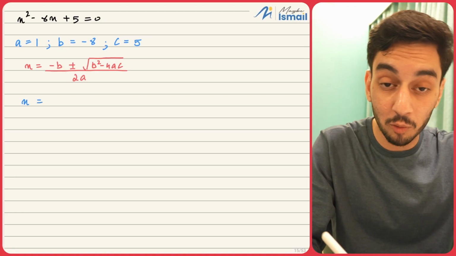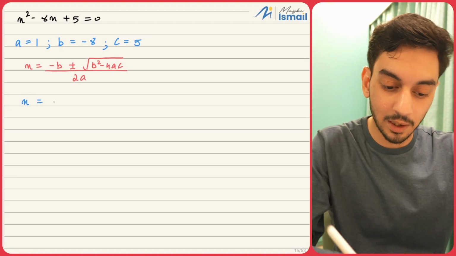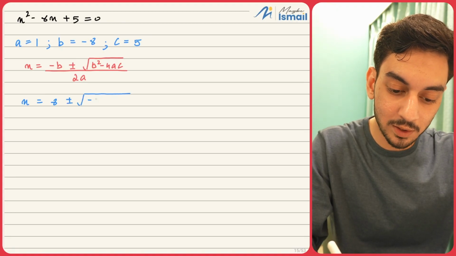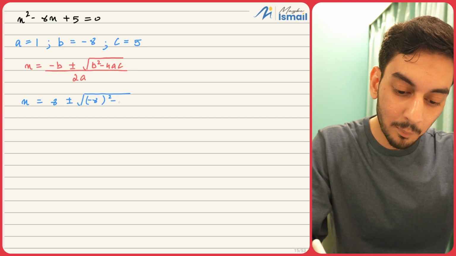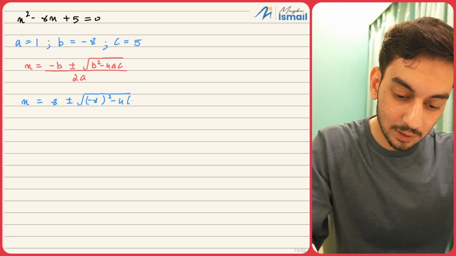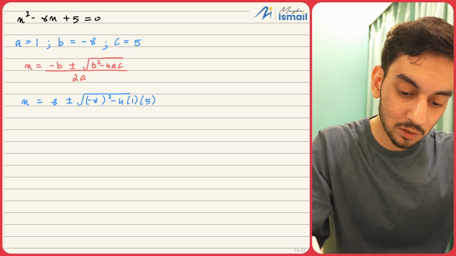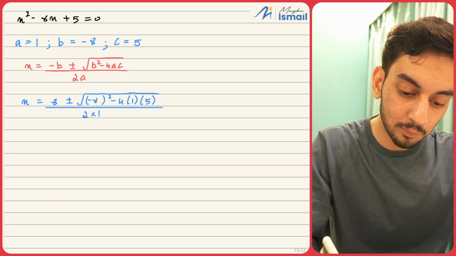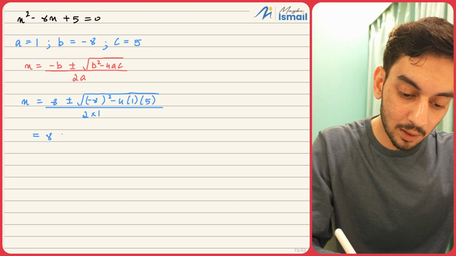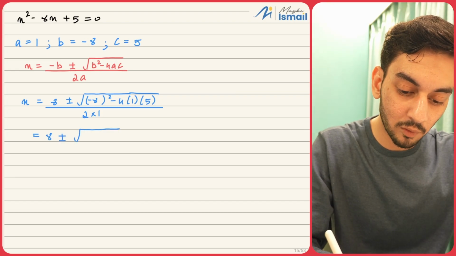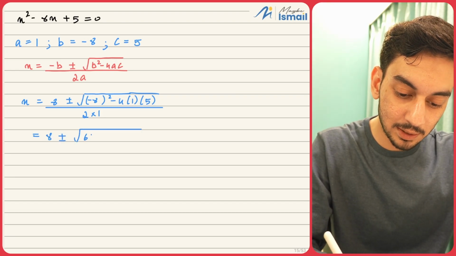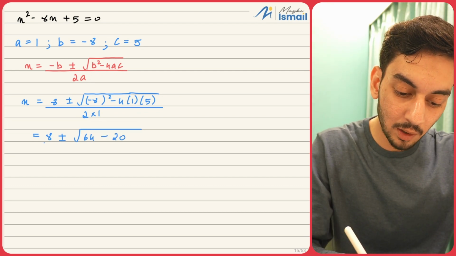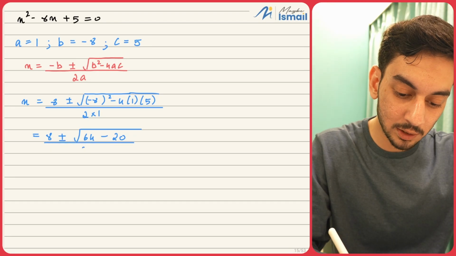So x is equal to negative b, so it would be minus of minus 8, which is plus 8, plus or minus root of b squared, which is negative 8 squared, minus 4 times a, which is 1, times c, which is 5, divided by 2a, so 2 times 1. So this would be 8 plus or minus square root of 8 squared is 64, minus 4 times 1 times 5 is 20, upon 2 times 1 is 2.